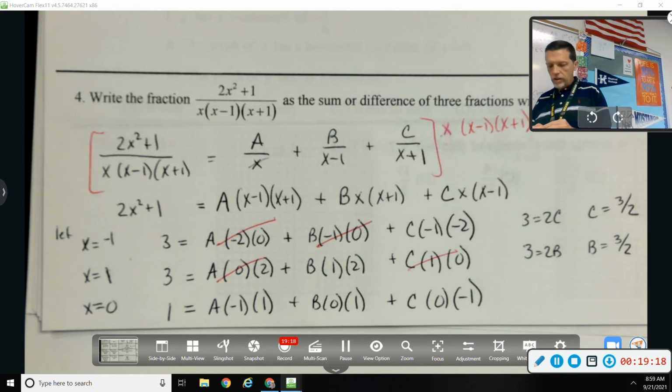And I'll let you finish it from there. So yes, number 4 is more complicated, but it's still the same process.